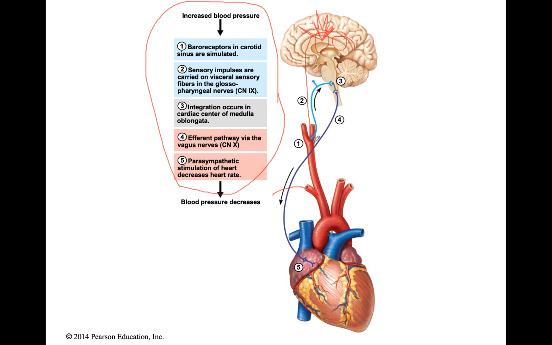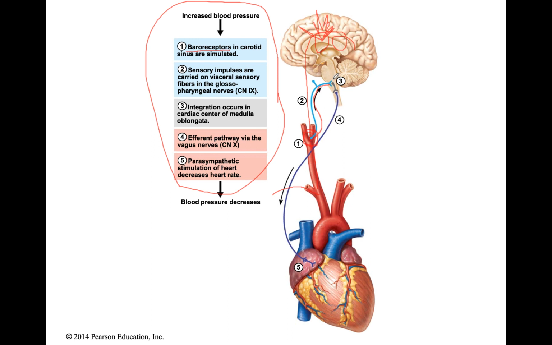So what we have that's really cool is right here in the common carotid artery, there's a baroreceptor. Remember what baroreceptors measure? Like a barometer? They measure pressure. When pressure is too high, it's going to stimulate the baroreceptor. This baroreceptor will then send a signal through this visceral sensory fiber up to your brain.